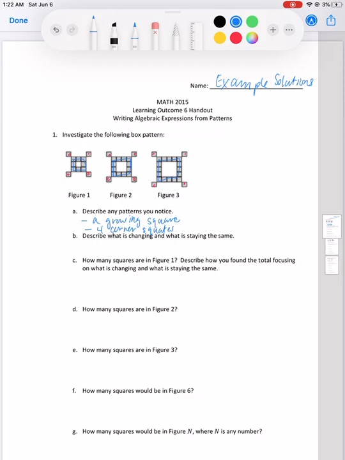Now we're going to describe what is changing and what is staying the same. And in this case, it looks like those things are related to the patterns we noticed. Changing. We can see that the middle inside square changes. Increases in perimeter, technically, with every figure.